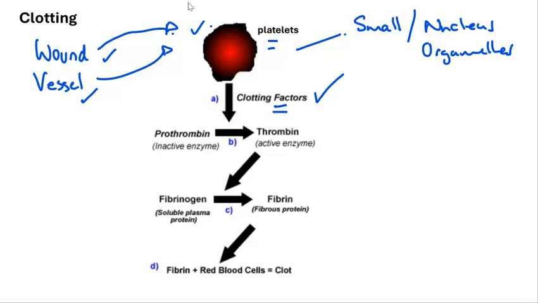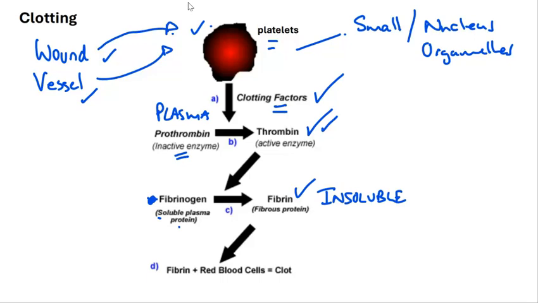The platelet converts plasma prothrombin, which is an inactivated enzyme, to the active enzyme form called thrombin. And in turn, as part of our cascade, the soluble plasma protein fibrinogen is converted by thrombin to an insoluble, fibrous protein called fibrin, appropriately.